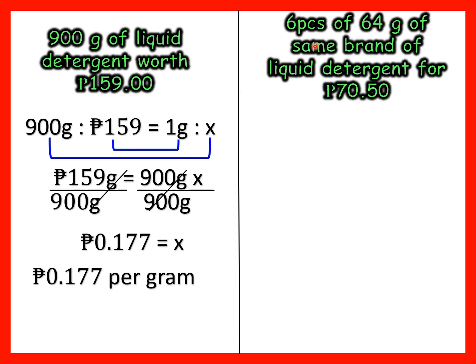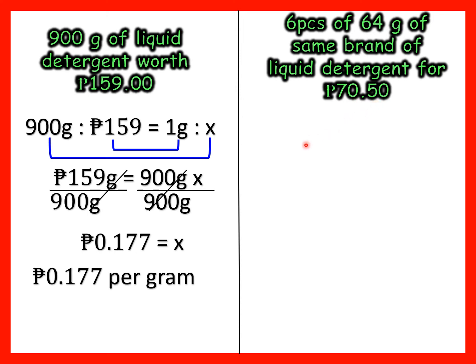So multiply 64 grams by 6, and that's 384 grams all in all. So for the 6 pieces, that's 384 grams, and its price is 70 pesos and 50 centavos.